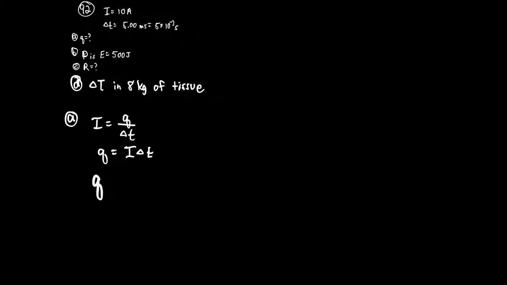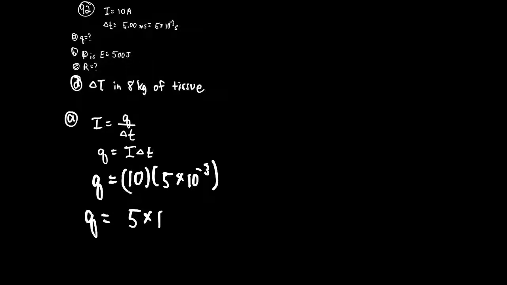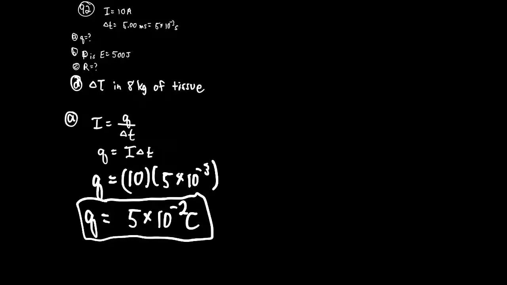So this charge should be equal to 10 amps times 5 times 10 to the negative 3. What's 10 times 5 times 10 to the negative 3? 5 times 10 to the negative 2 coulombs. There's my charge.